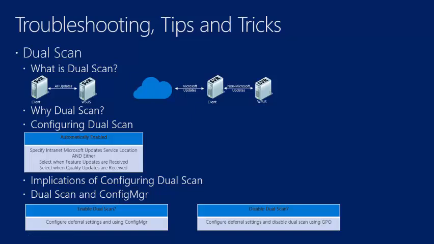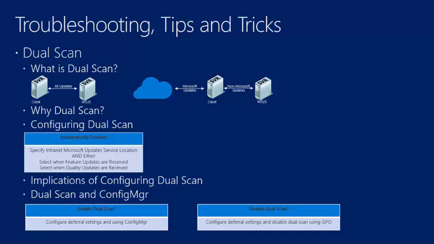And so now, because of that, as of 1703, I believe, actually 1709, as I recall, there is now a setting in GPO to basically say don't configure dual scan. The wording is don't allow configuring deferral to cause dual scan to turn on, kind of thing. And so there is that specific setting now, right?